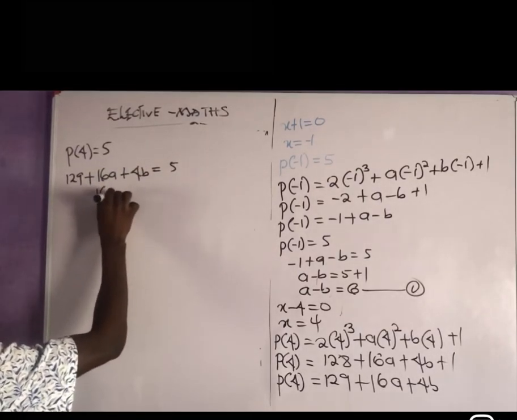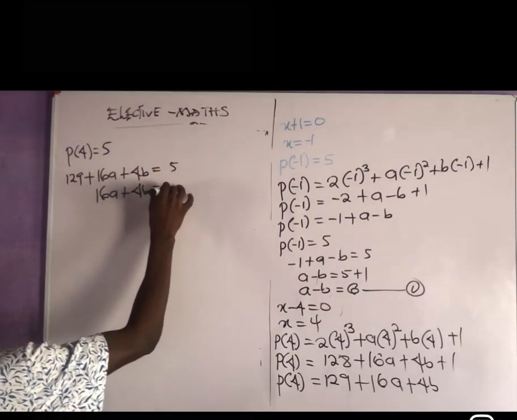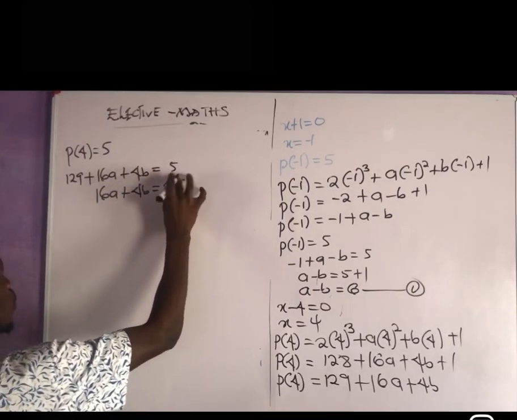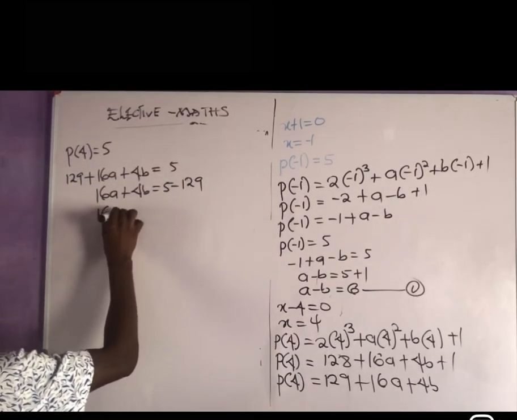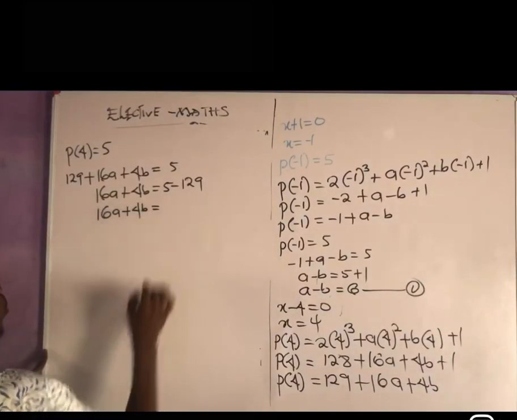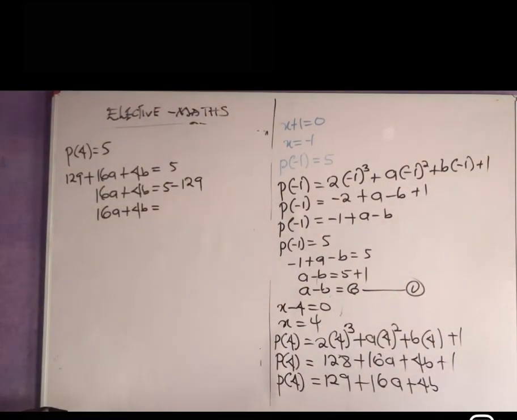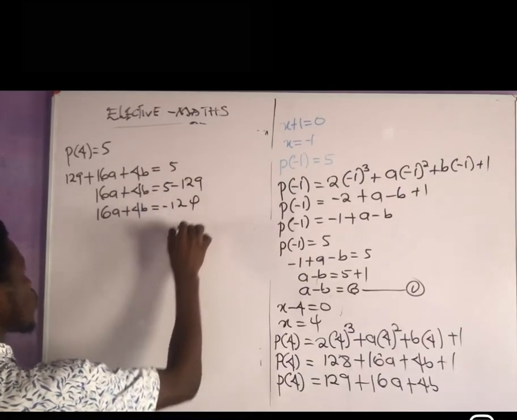So 16a plus 4b is equals to 5 minus 129. So 16a plus 4b is equals to negative 124.